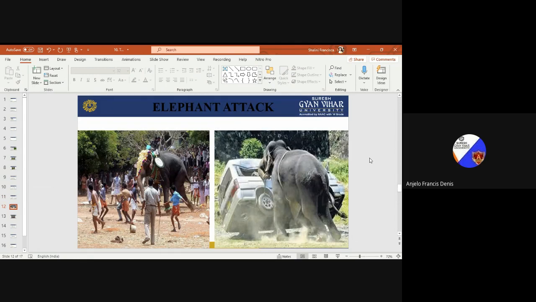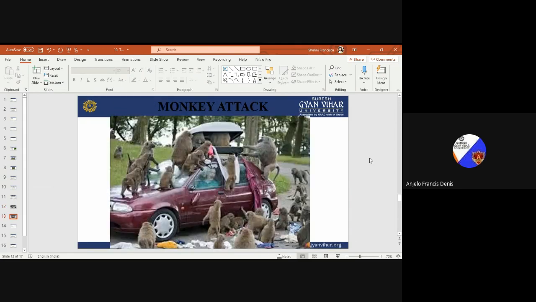So this image is very sufficient to explain the man and wildlife conflict and what the outcomes of the conflict are. Similarly, this picture is also a very interesting picture which shows the interaction or the conflict between man and animals.